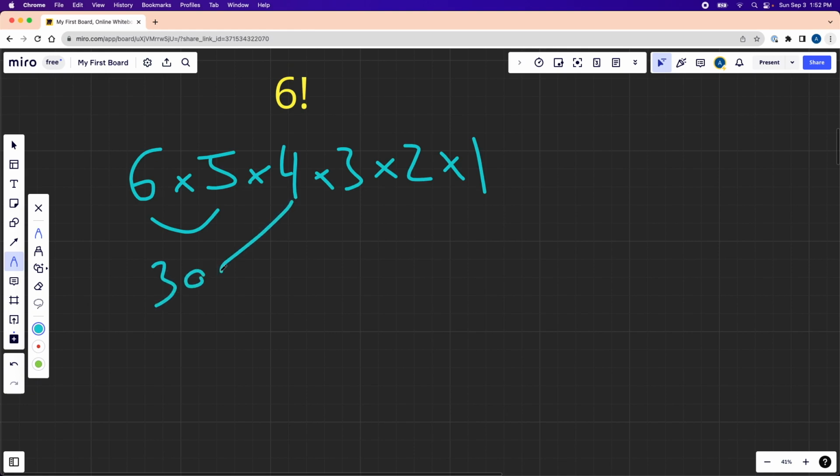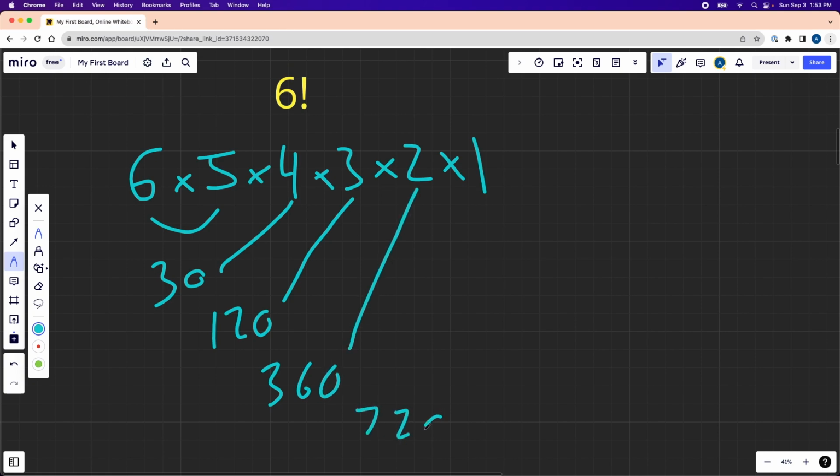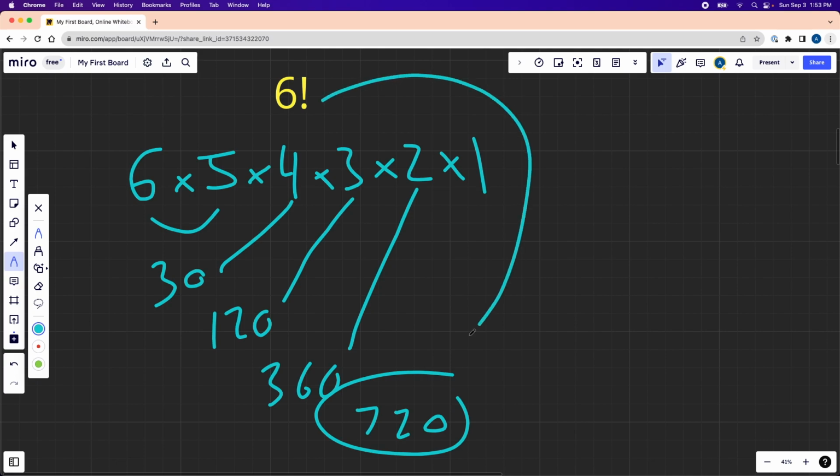Then 30 times 4 is 120. Now 120 times 3 is 360. And now 360 times 2 is 720. And then 720 times 1 is still 720. So 6 factorial equals 720.